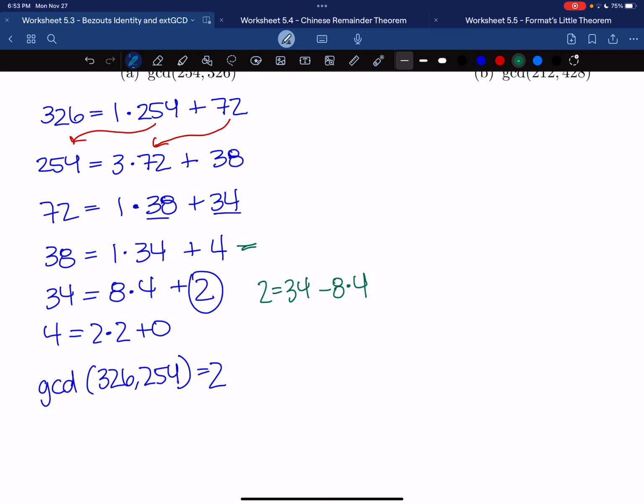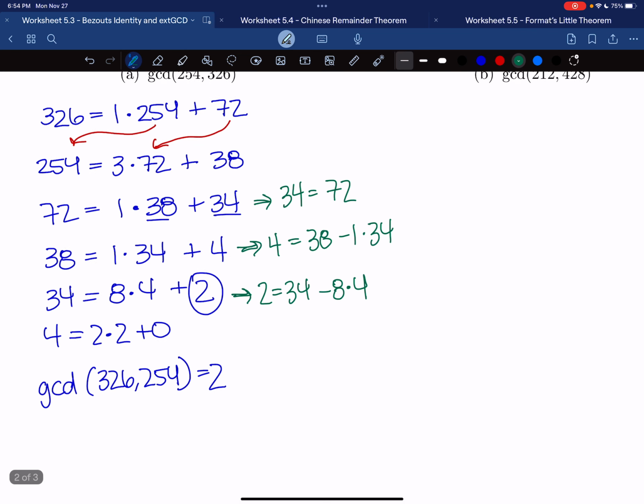This also can tell us that 4 is equal to 38 minus 1 times 34. And this tells us that 34 is equal to 72. See, I'm always moving this piece over to the other side.